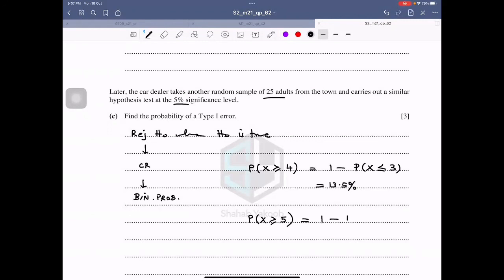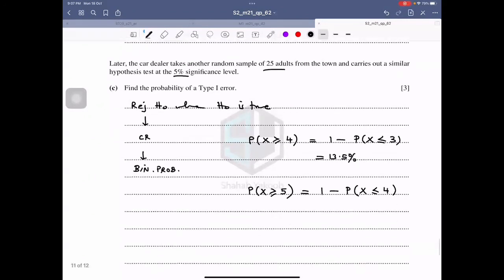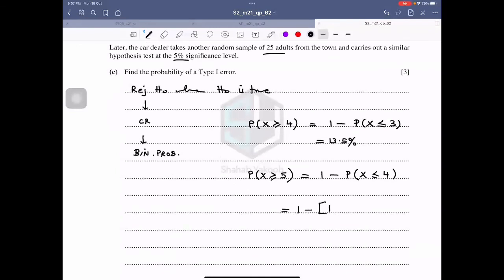So I'll say 1 minus probability x is less than or equal to 4, which is basically 1 minus, this is probability x is less than or equal to 3, that was already there, plus probability x is equal to 4. Now, why am I writing down the step? Because this thing was already done in the first part.